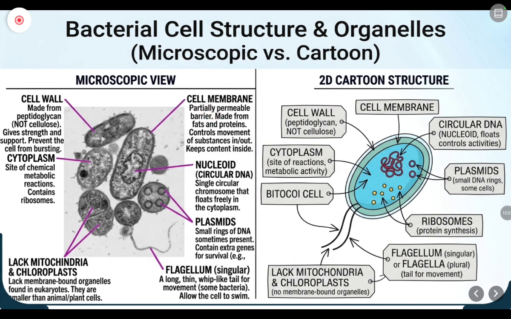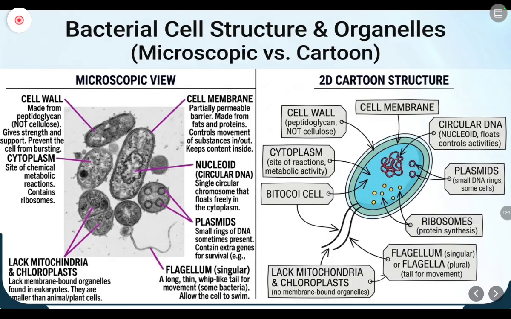Cell membrane, it's a partially permeable membrane. It's made from fats and proteins. It controls movement. So the same definition. Nucleus, it's a single circular chromosome that floats freely in the cytoplasm. But wait a minute, bacteria does not have a nucleus. It has a circular DNA, which can also be referred to as a nucleoid, but not a nucleus.